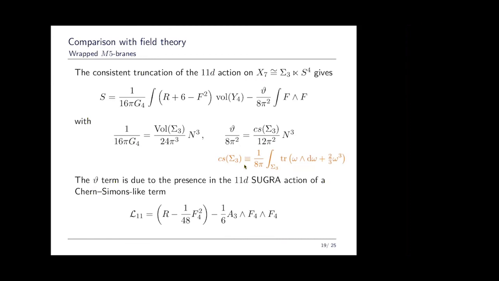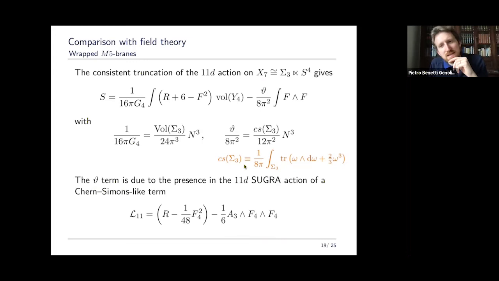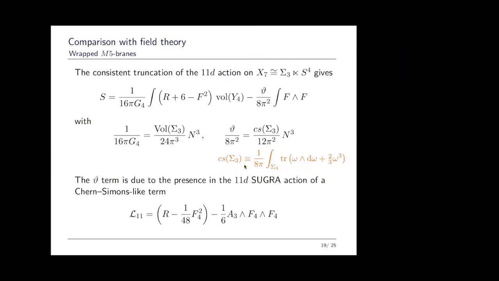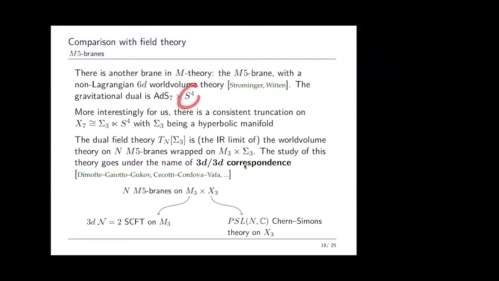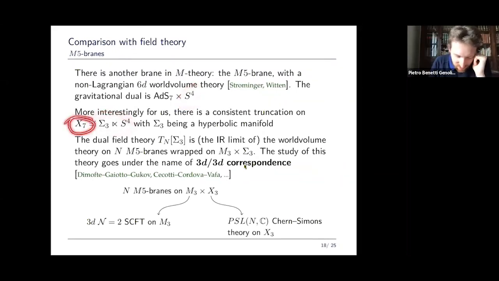By the way, if I do Kaluza-Klein in 11 dimensions, there's a necessary condition on X7. Should it be compact or not? It doesn't have to be compact. It needs to have finite volume.